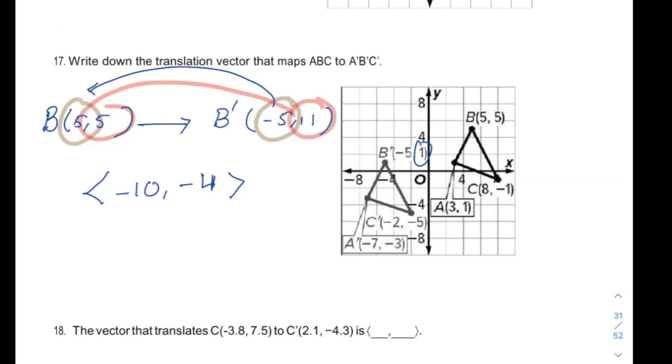Sorry, I have copied it wrongly here. 1 plus -5 or 1 minus 5. It's better to subtract. Yes, that's it. So subtract.